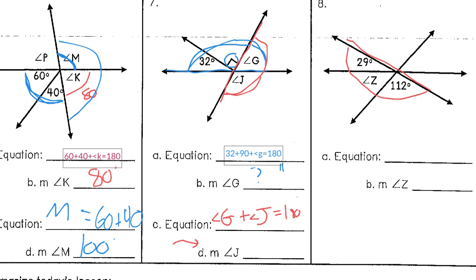Okay, my equation is going to be 29 plus whatever angle Z is, we don't know what that is yet, plus 112 degrees is going to equal 180. And then to solve it, we would just take 180 and subtract 112 and 29, and that will give us what angle Z is. I'm going to leave this for you to do as well, because I want you to be able to do them. Okay? All right. Next up.